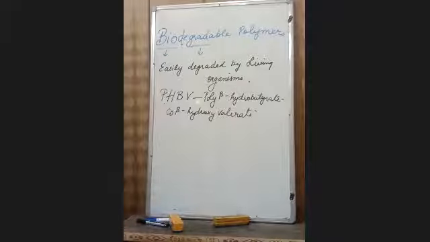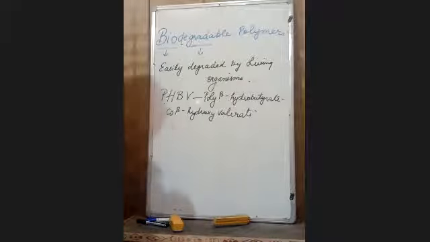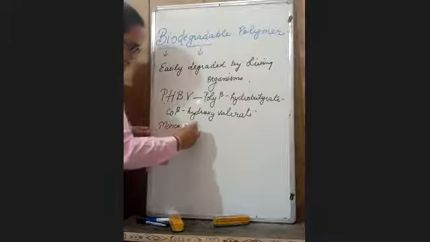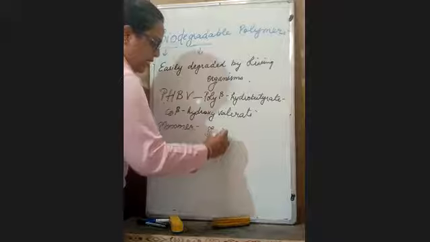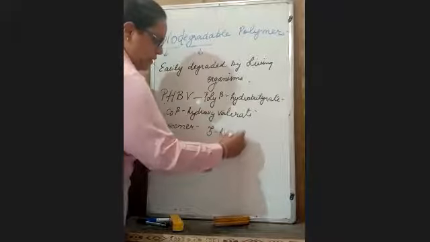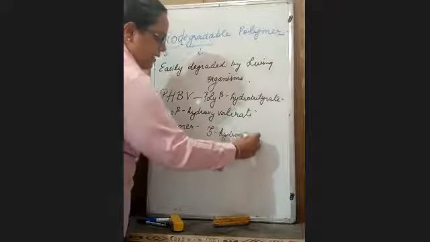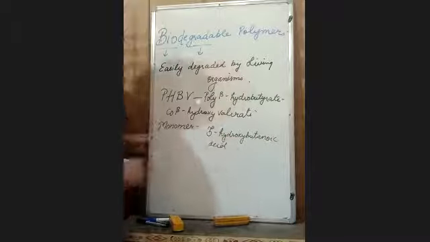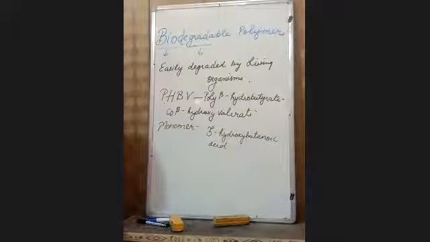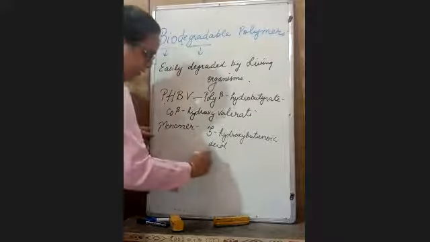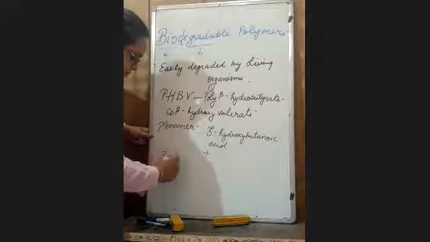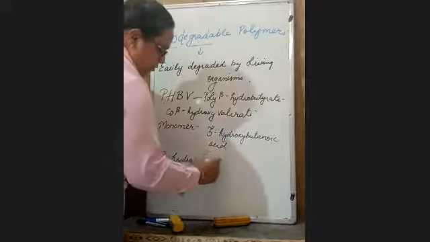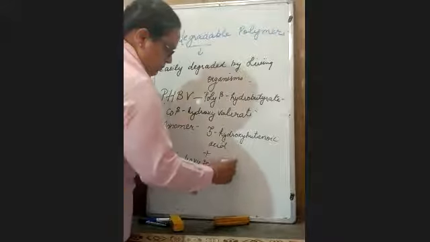Now, what are its monomers? Its monomers are 3-hydroxy butanoic acid, one monomer, and second is 3-hydroxy pentanoic acid.